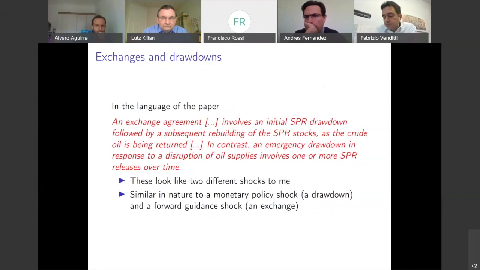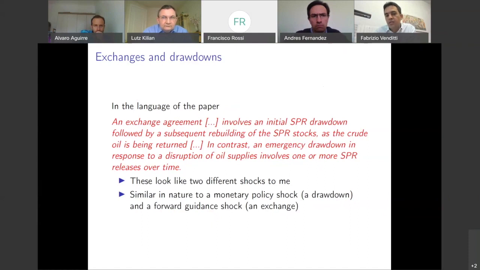In a sense, one is fully unanticipated, so the SPR release is fully unanticipated. An exchange by itself builds an expectation that this drawdown is going to turn into an addition at some point in time. So anticipation effects, which are perhaps not important in the case of pure SPR shocks, perhaps are important in the case of an exchange.